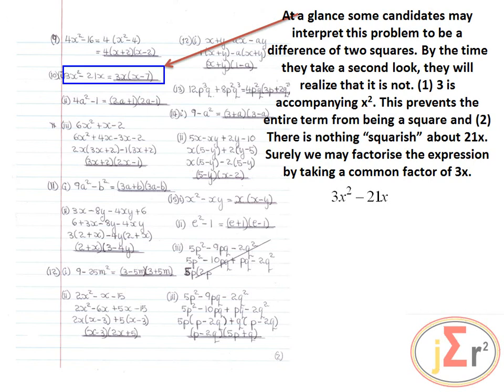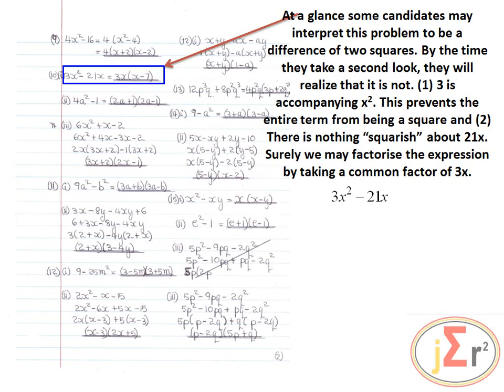One is that 3 is accompanying x squared, and 3 is not a square. This prevents the entire term from being a square. And secondly, there is nothing squarish about 21. That's a new word. There is nothing squarish about 21.